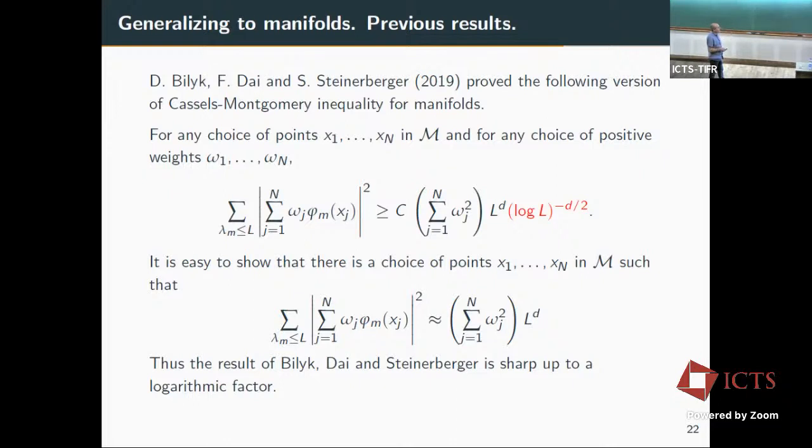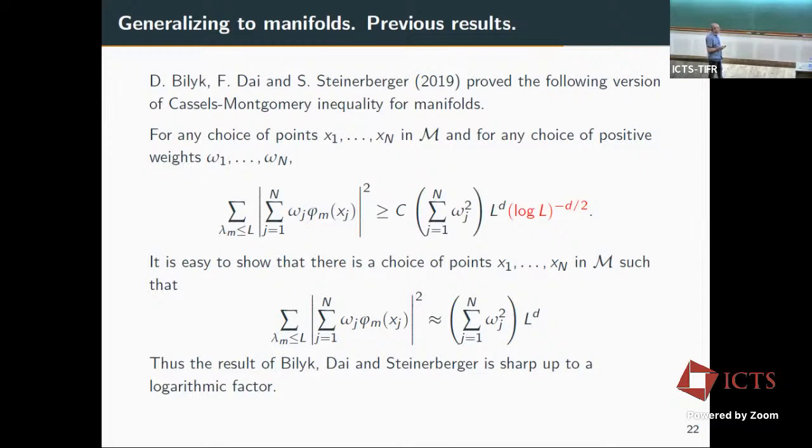And as I mentioned the other day, by Weyl's estimate, the number of eigenfunctions is going to be approximately L to the D. So what happens is that they didn't get the inequality exactly as it was before, but they have this logarithmic loss here. And in fact, it is easy to show that there is a choice of points such that this quantity is approximately equal to this. So this inequality is not sharp, or it's sharp up to logarithmic transgression.